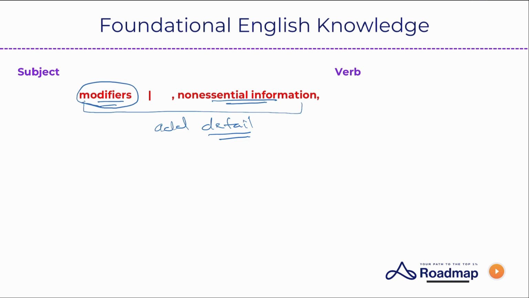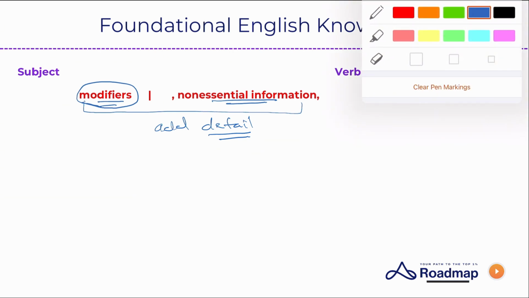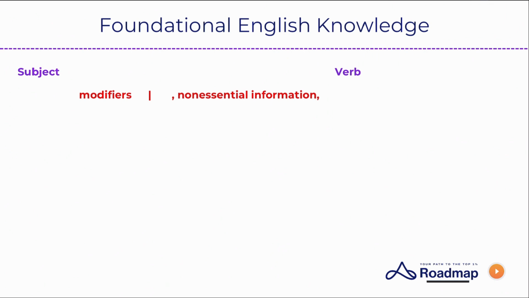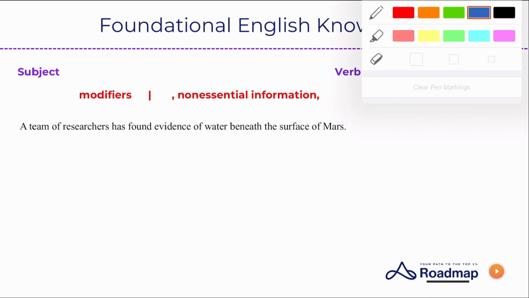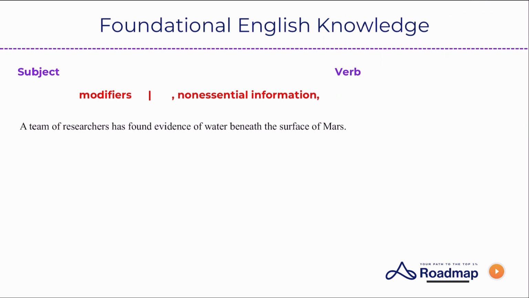Before we look at these examples, one of the most important things you have to keep in mind is this, and you want to write this down: the subject of a sentence will never be found inside of modifiers or non-essential information. Let me say that again. The main subject of a sentence will never be found inside of modifiers and non-essential information.